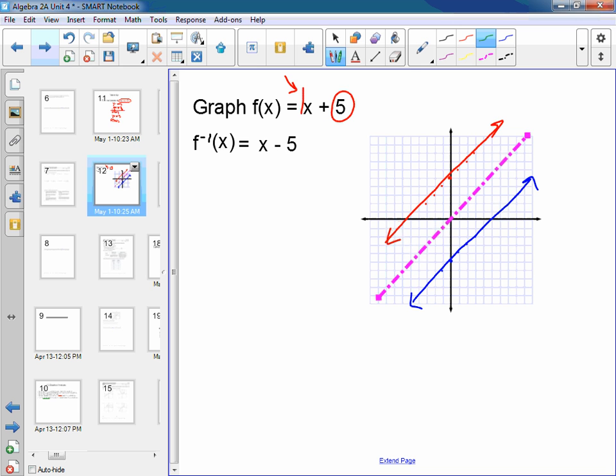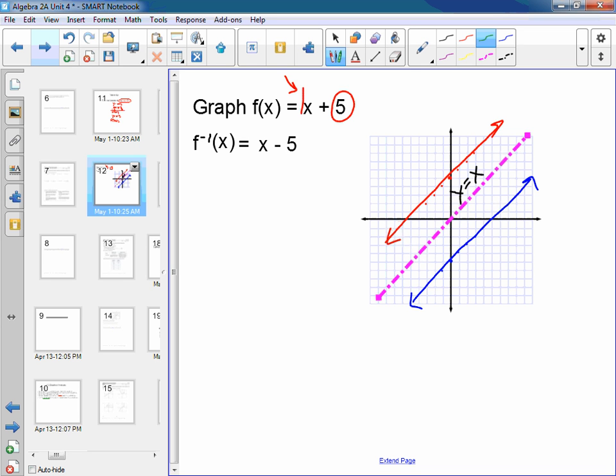So these two functions are inverses of each other. And what I want to do is look at the two lines and see a relationship or how they compare to that pink line. That pink line is kind of a special line. Does anyone know what the equation of that line is that goes through 0, 0, 1, 1, 2, 2, 3, 3? Exactly, it's the y equals x line.